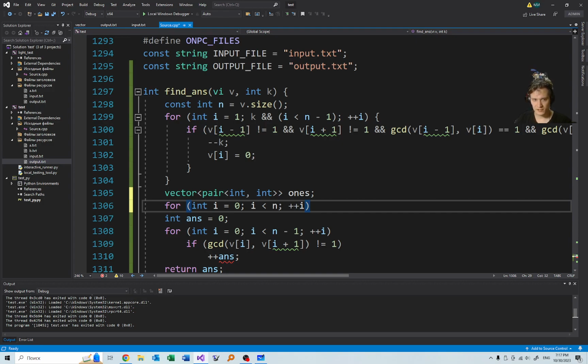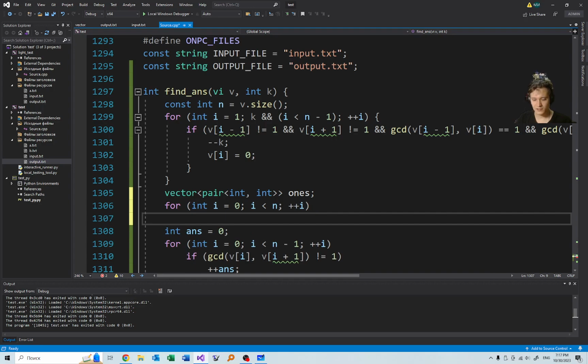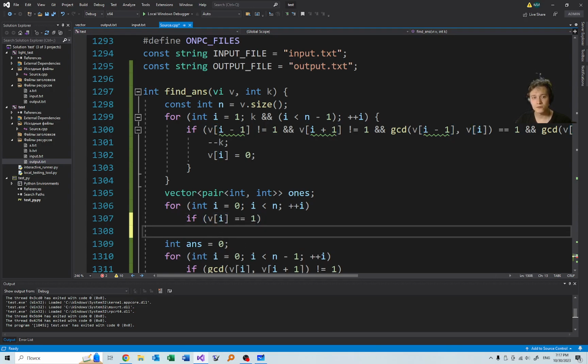If v_i is 1, then we check whether our current block is neighboring to our 1.